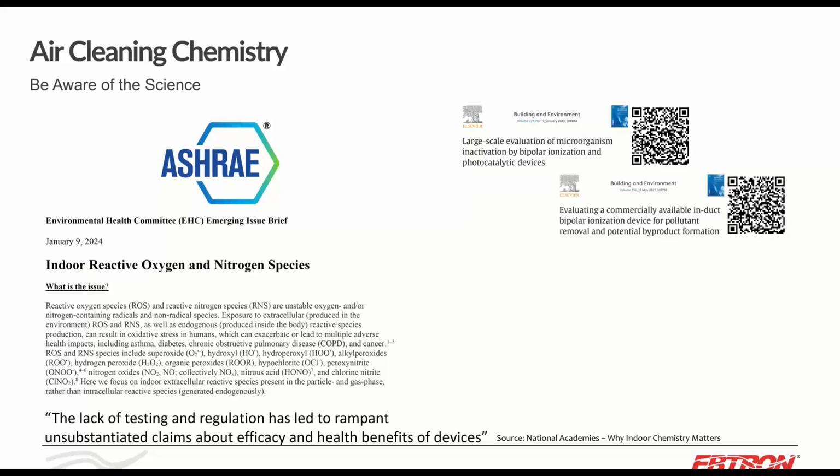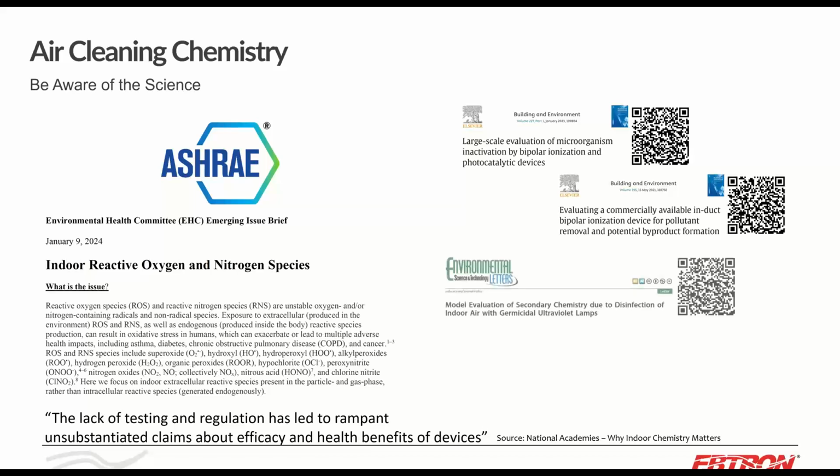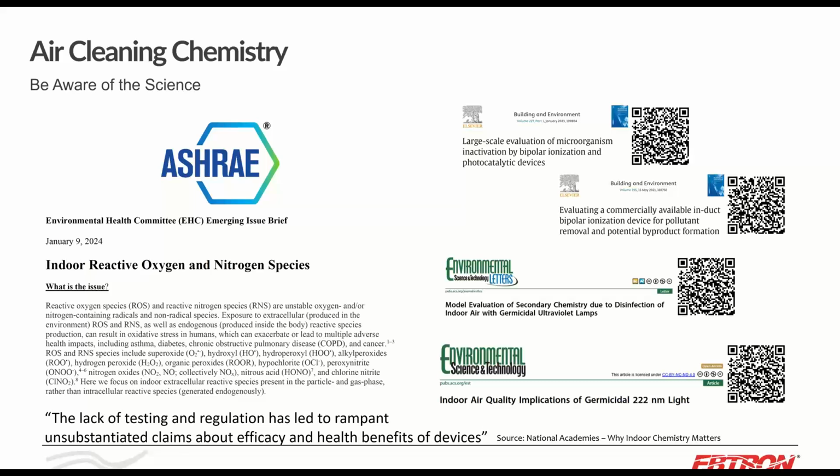Here are some studies that are showing that there may be some byproduct formation from different technologies. And even with UV, even though it's a good thing, it can kill things in the air, sometimes it reacts with other things that are in the space.